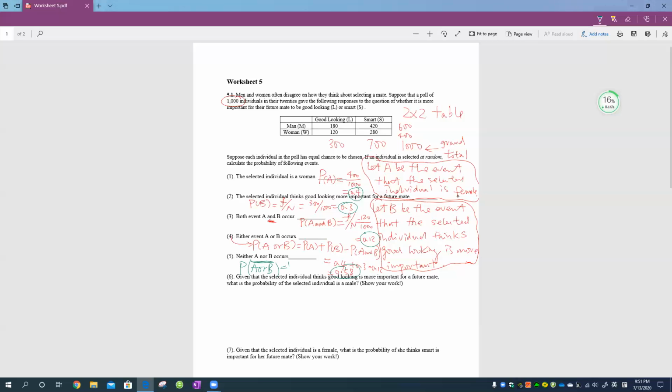That equals 1 minus probability of A or B. So that's going to be 1 minus 0.58. That is 0.42. That's for neither A nor B occurs.